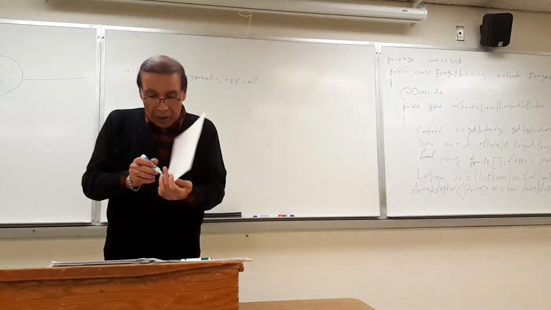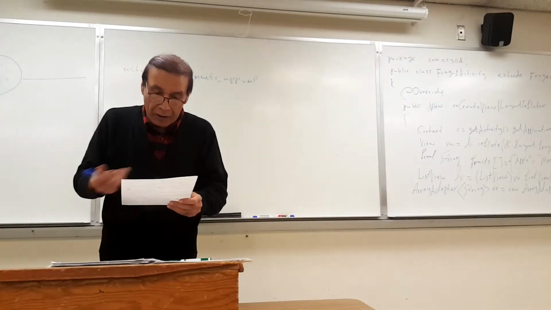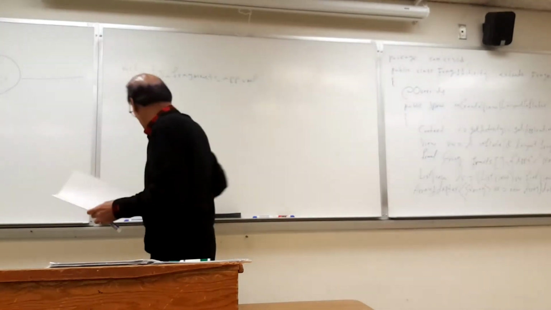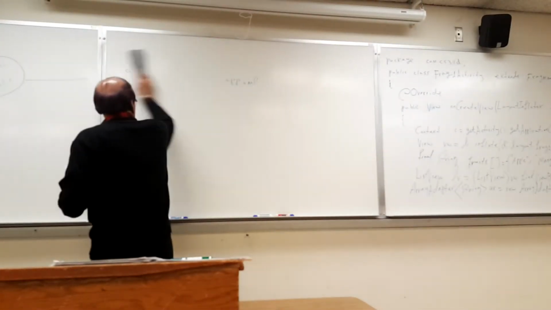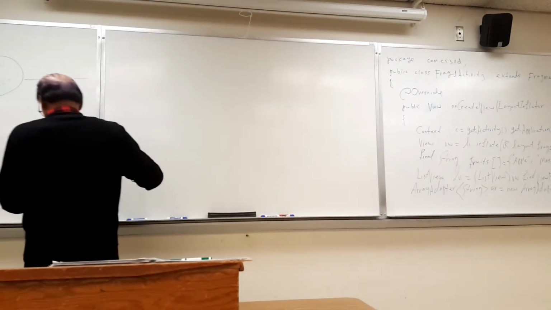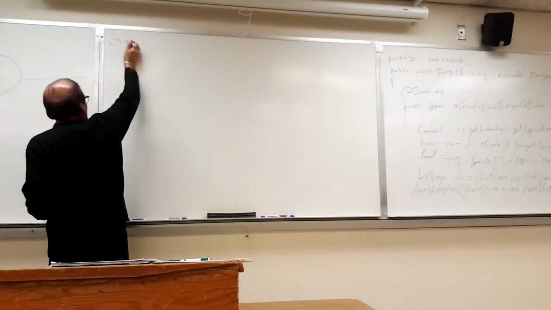So I'm going to write a complete XML file for you because it's very important to know how you are structuring this XML, okay? So let's start. First one is the XML declaration.